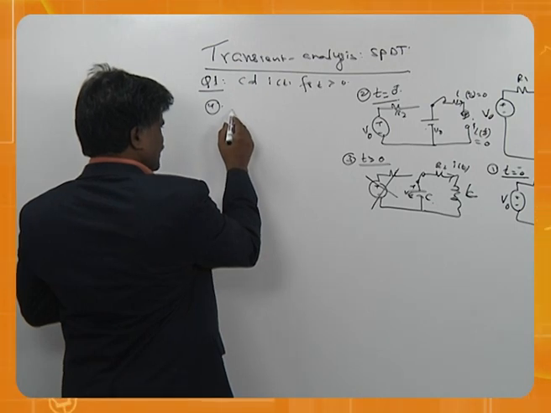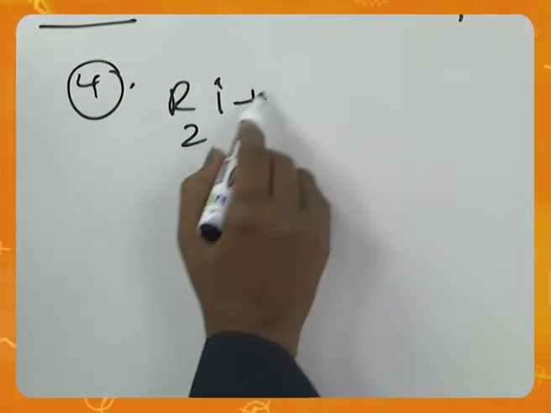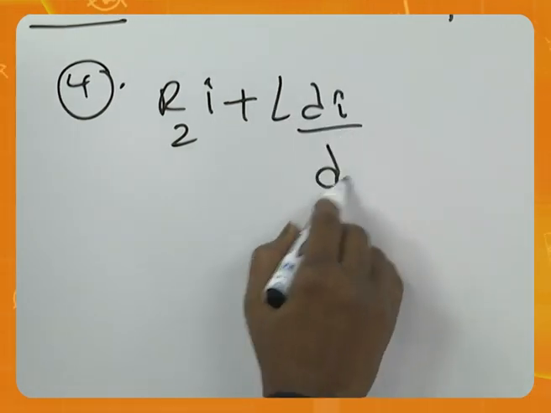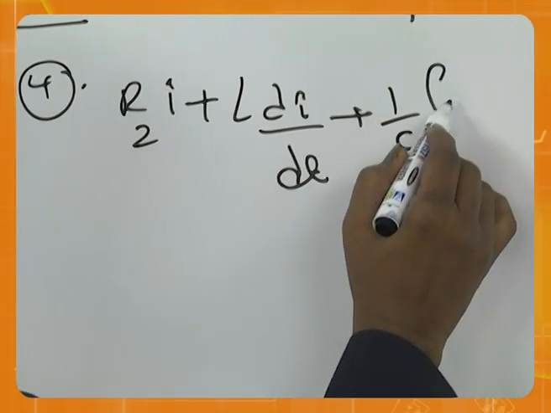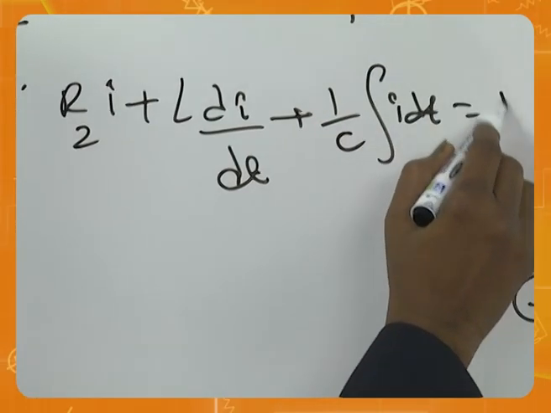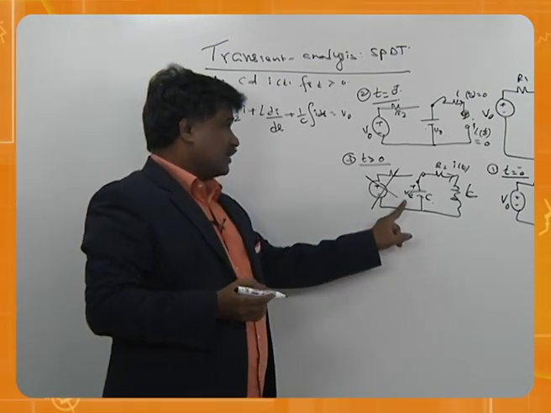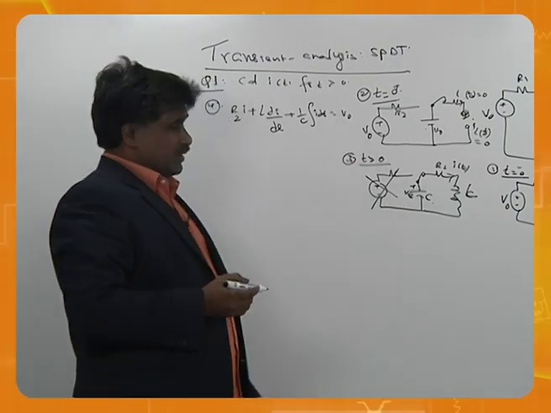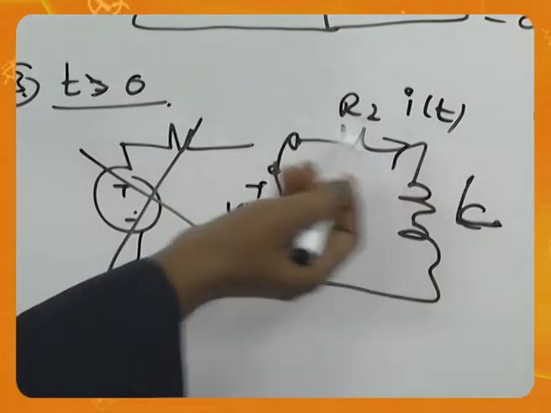That is R2 i plus L di by dt plus 1 over C integral of i dt is equal to V naught. What is this V naught? This V naught has appeared there. This is not the V naught coming from here. This is the V naught gone there.